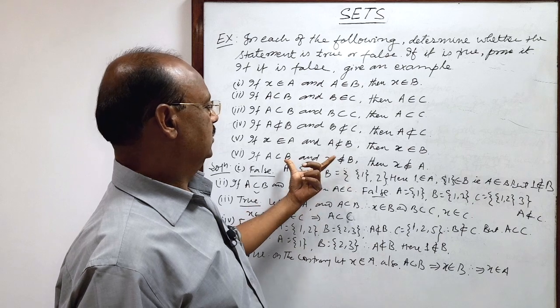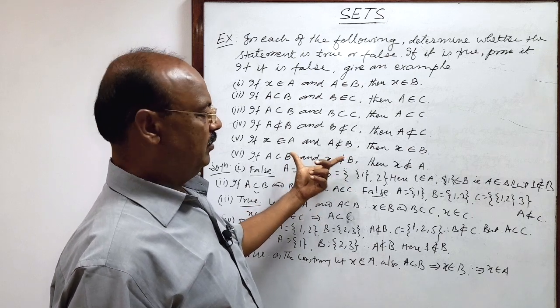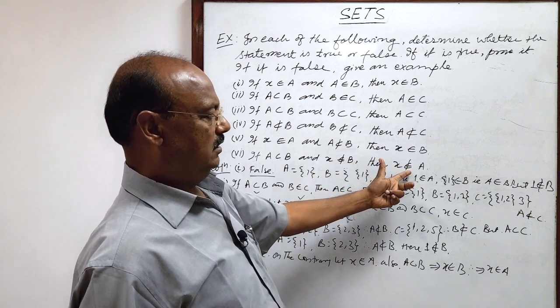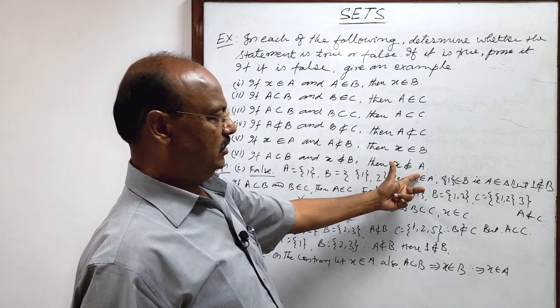But the given proposition cannot be false. So if it is true, then X does not belong to A is true.